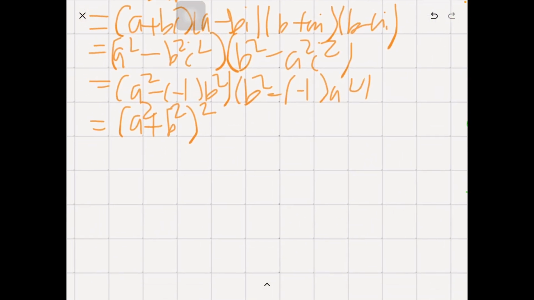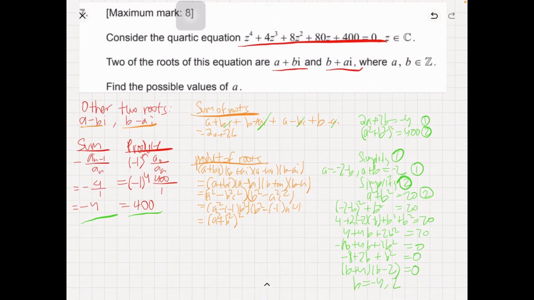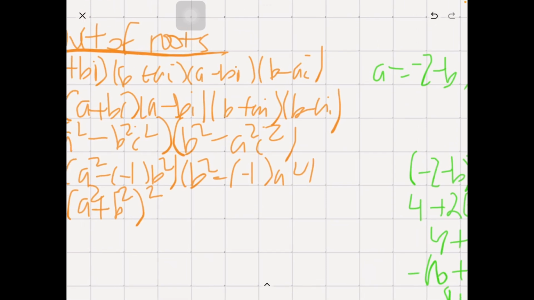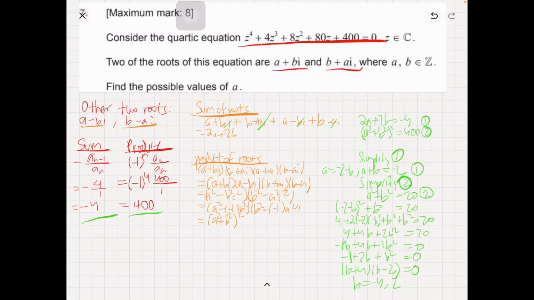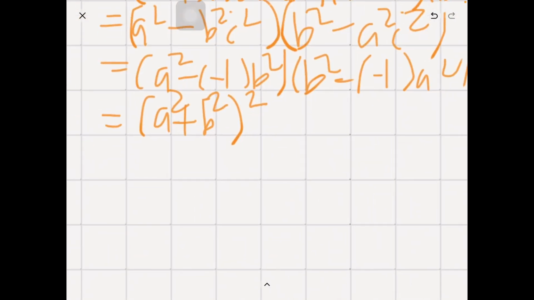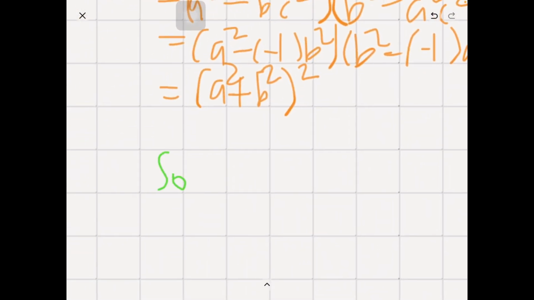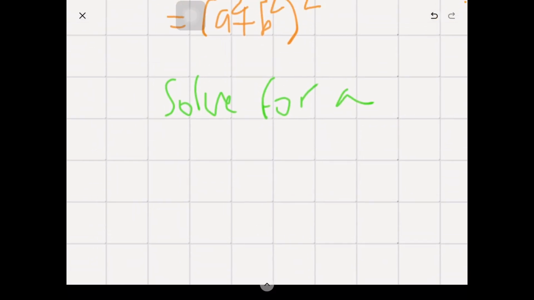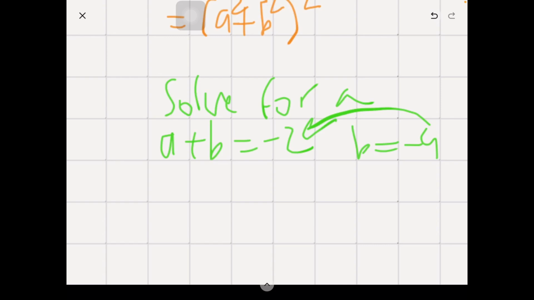And just to make sure, I can substitute that into the easier equation. So a plus b equals negative 4, right? Sorry, a plus b equals negative 2. So solving for a, if we do b equals negative 4 into here, then we'll get a is equal to 2.